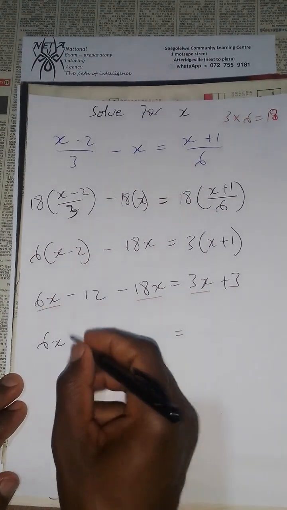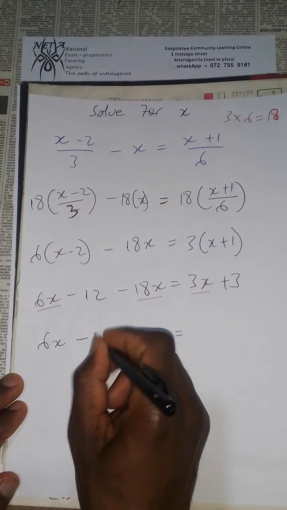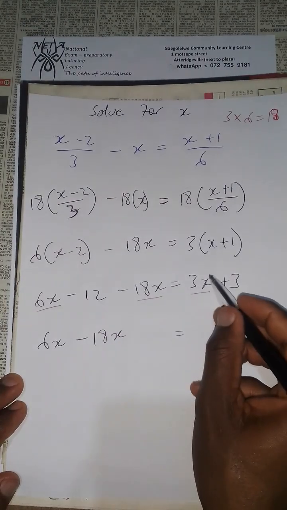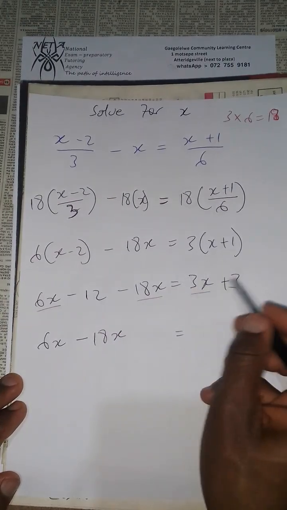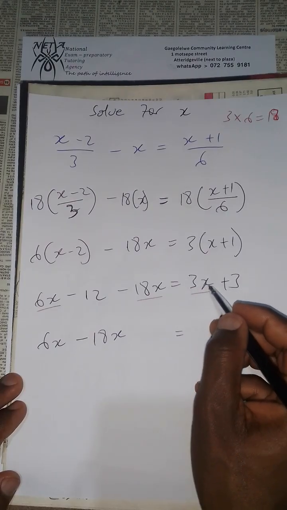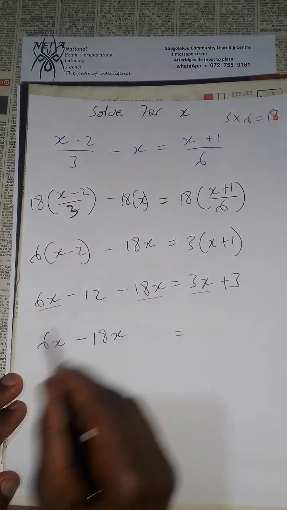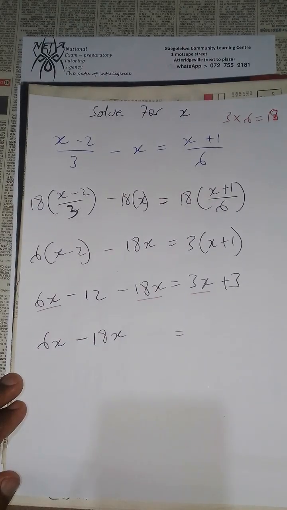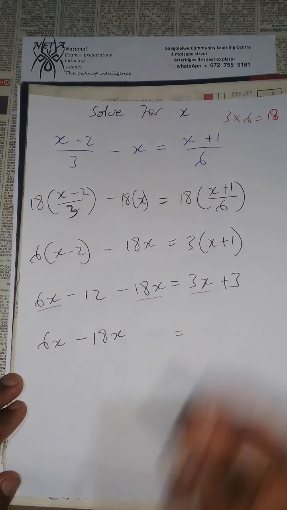This is 6x, and then this is 18x, and then you can see that 3x is on the other side of the equation, so we want to rearrange it so that we place it in the side where we want to put all terms that have the variable of x.